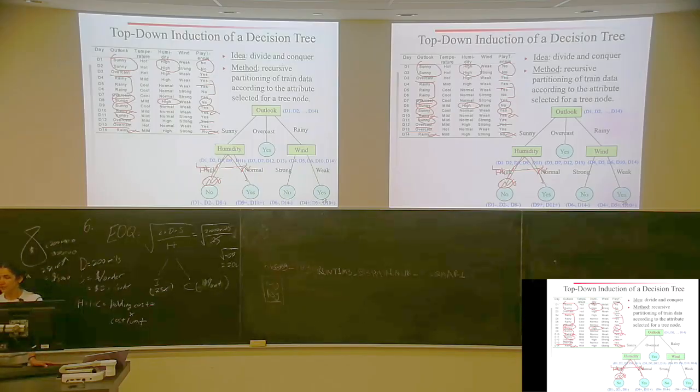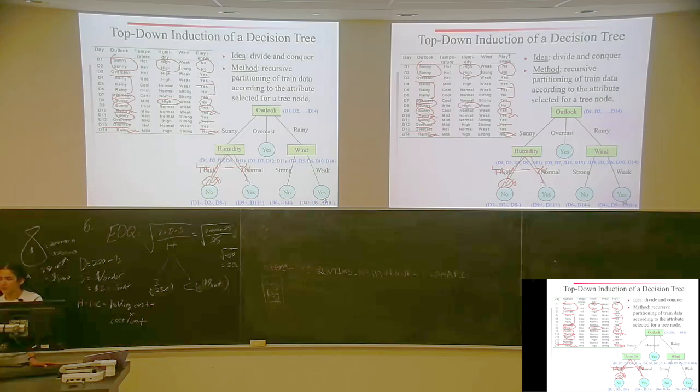And then out of those rainy days, that is day 4, 5, 6, 10, and 14, right? These 5 days. We want to see on which days wind is strong, which is day 6 and 14, and on which days wind is weak, which is day 4, 5, and 10.